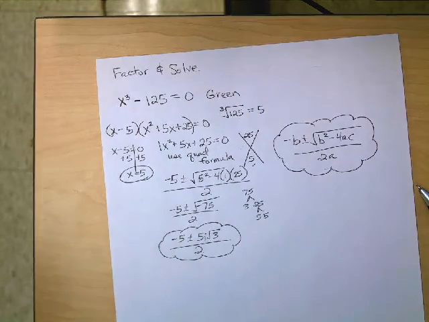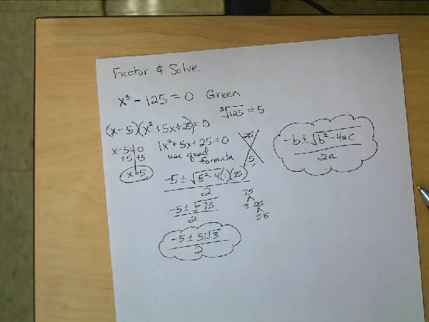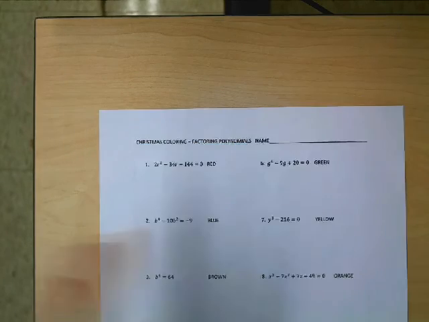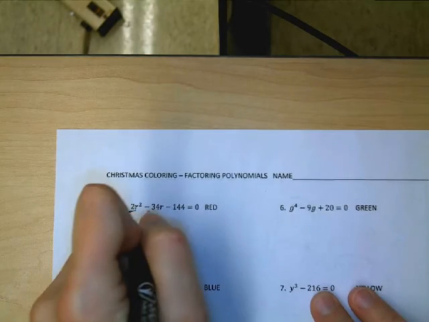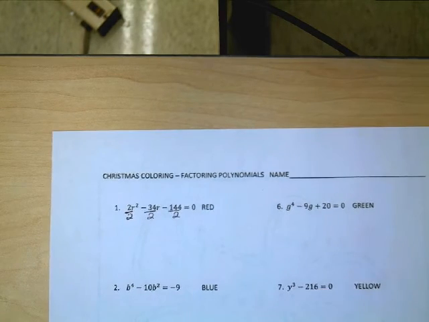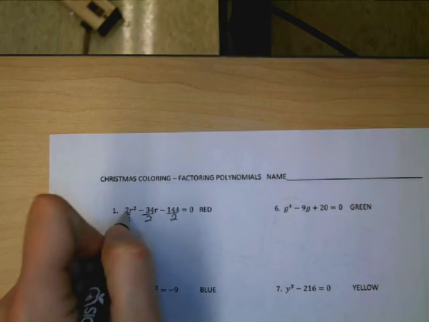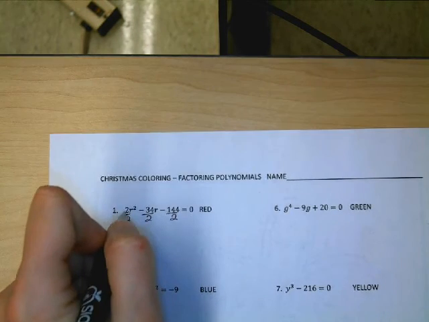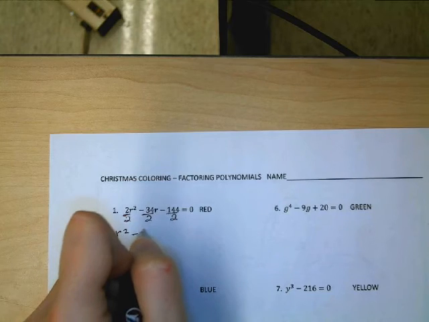So the first one, I would divide everything by 2 first. That'd make it easier. As you get started on it, you have to remember about greatest common factor. So the first one, you gotta divide everything by 2. That'd be the first step. 34 divided by 2.